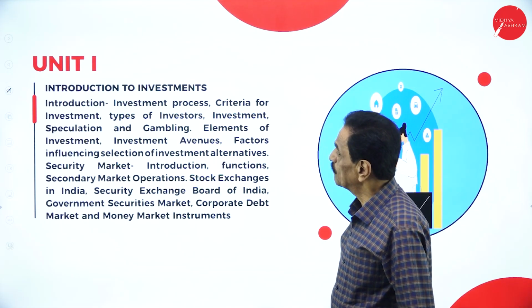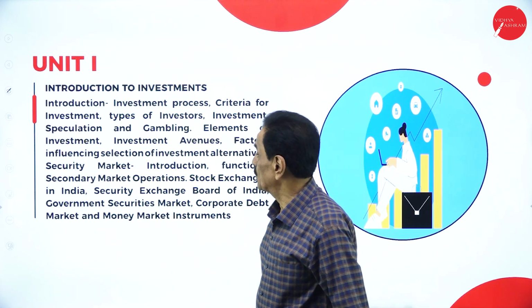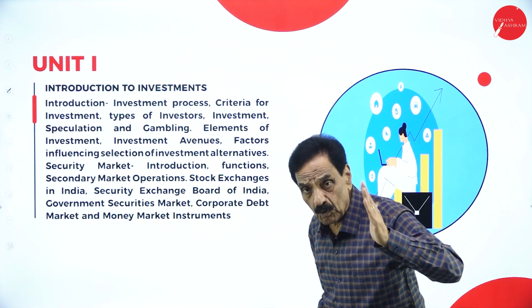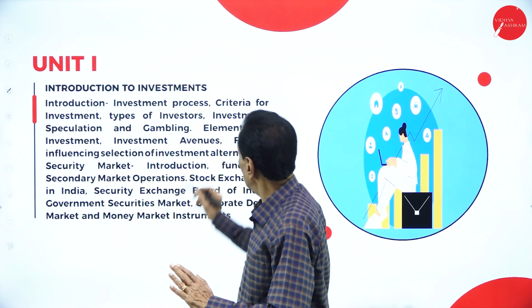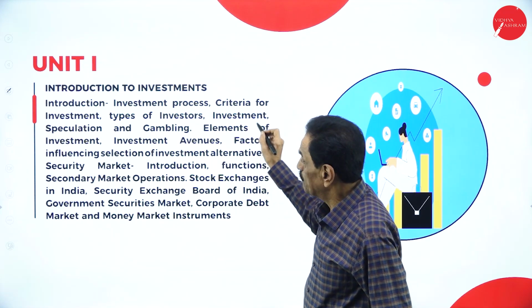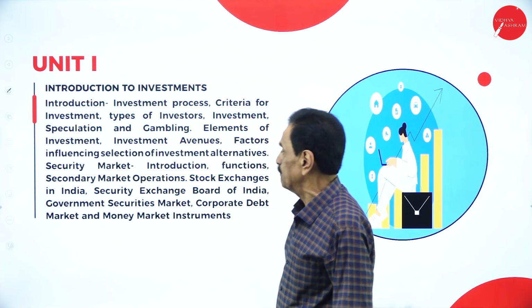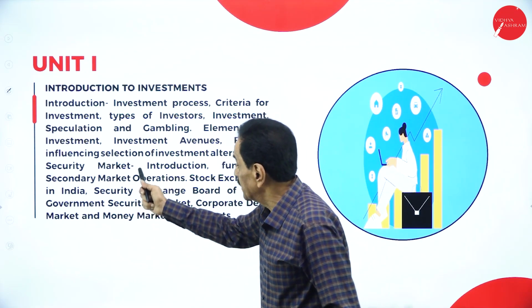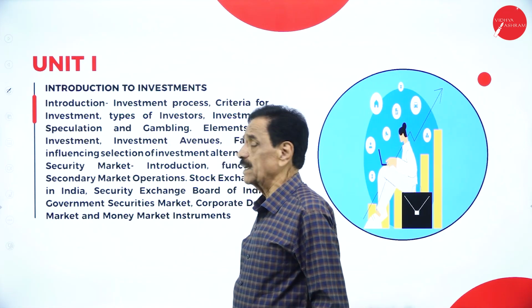Now, go one by one. Introduction to investment: how to invest money through different processes. Criteria for investment, types of investors, investment, speculation and gambling, elements of investment, investment avenues, factors influencing selection of investment alternatives, security market.